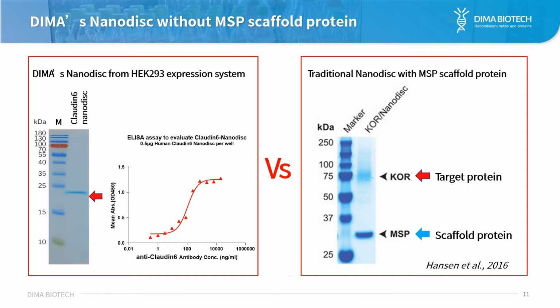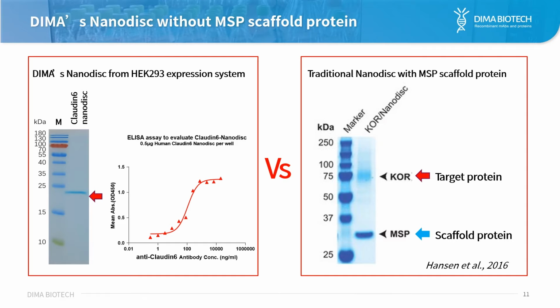Here is a side-by-side comparison of our polymer nanodisc versus the traditional MSP nanodisc. On the left side is DIMA's nanodisc. We purified full-length human Claudin 6 nanodisc with our platform. You can see a single band of full-length Claudin 6 protein on the SDS-PAGE, and the purified protein also shows good binding activity in the ELISA assay.